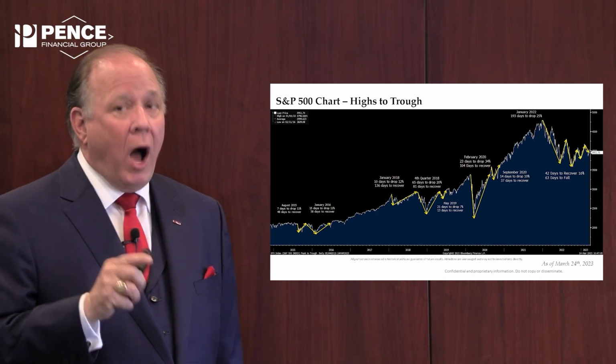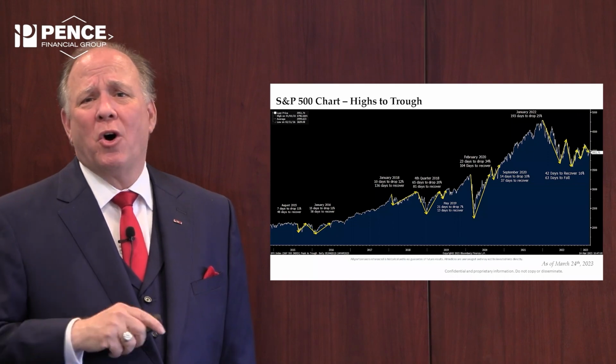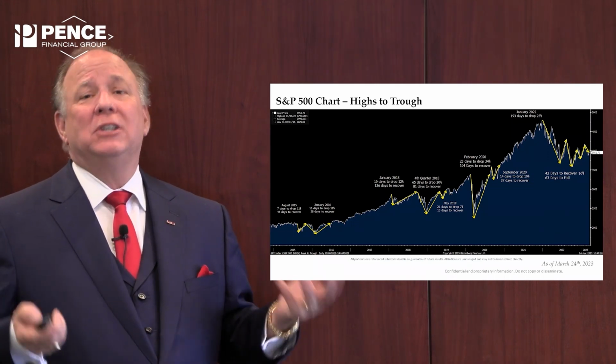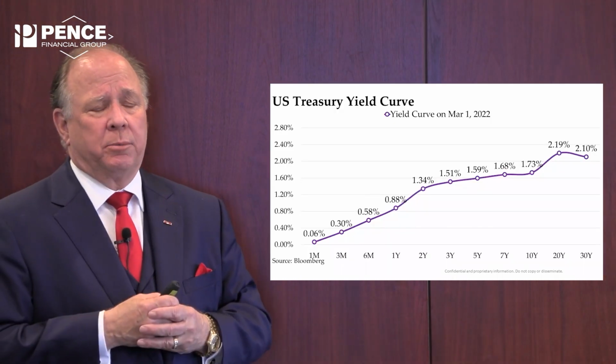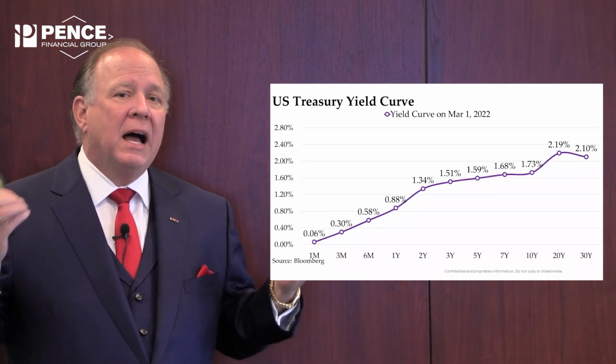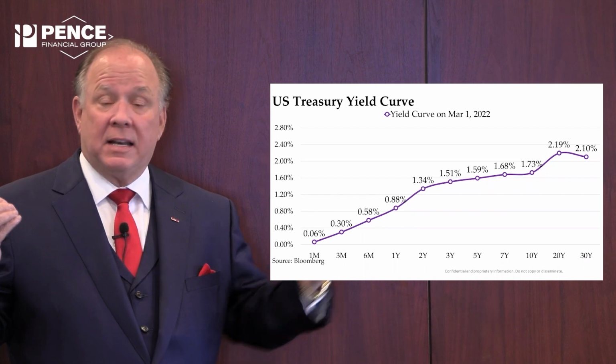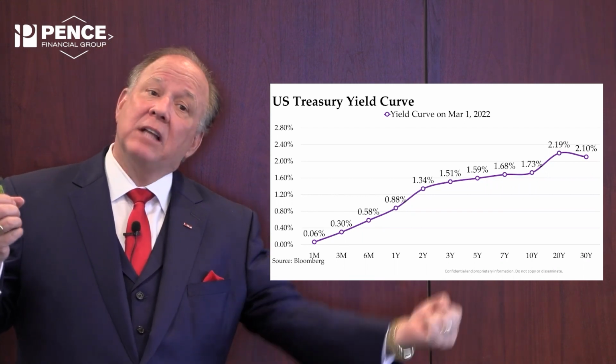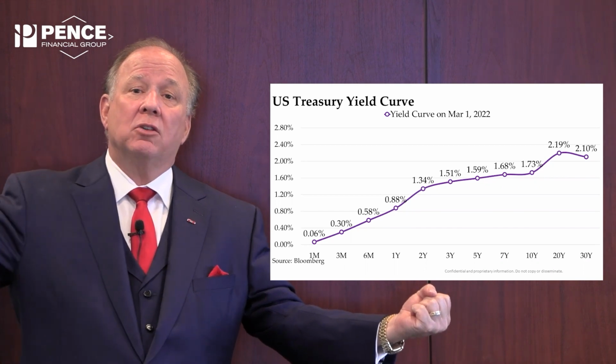Now, let's talk about what's going on and why. You'll hear a lot of news and talk about the yield curve. Well, let me explain that really briefly. A normalized yield curve is where interest rates that are very short-term are typically lower than interest rates that are long-term.